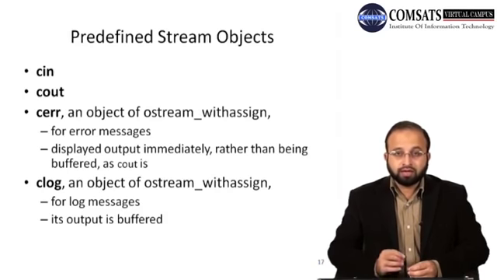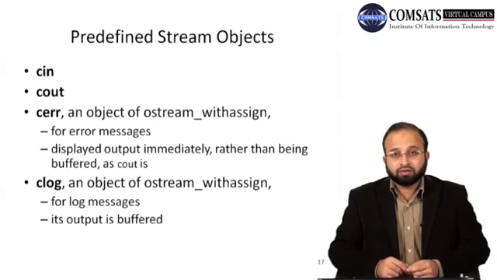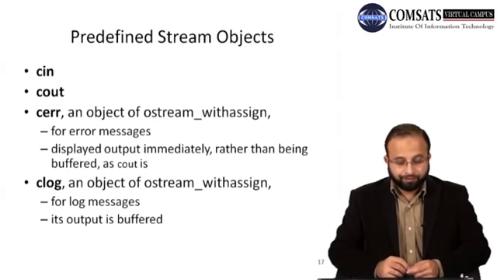Similarly, cout is an object of the ostream_withassign class, and the ostream_withassign class is derived from the ostream class. So we can say that cout is also an object of the ostream class.